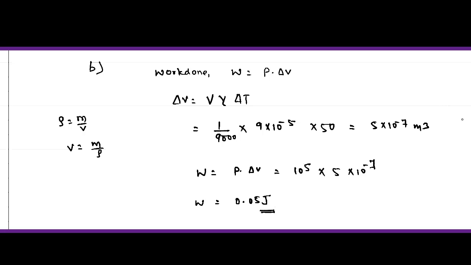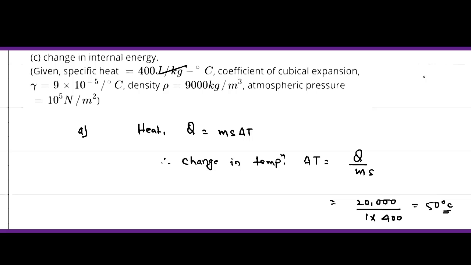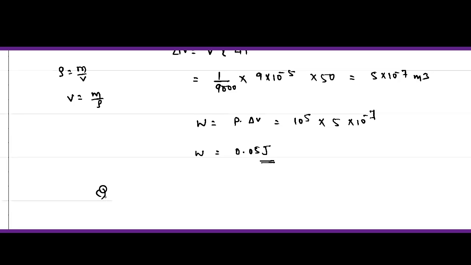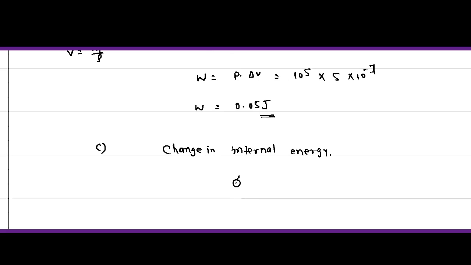And for the C part, that is the change in internal energy. Delta U is the change in internal energy, and delta U is equal to delta Q minus work done.